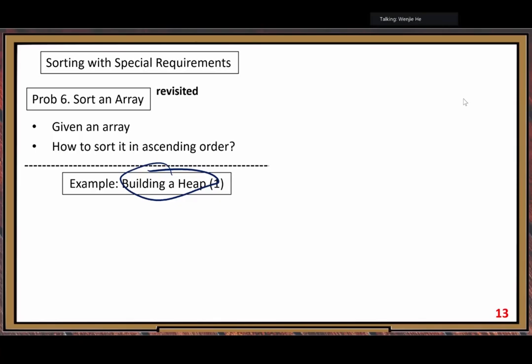So we don't have a heap object. We need to work on our data to make it a heap. This process, we call it build a heap. We need to do some special operations on our given data to make it a max heap. Then we can start heap sort.